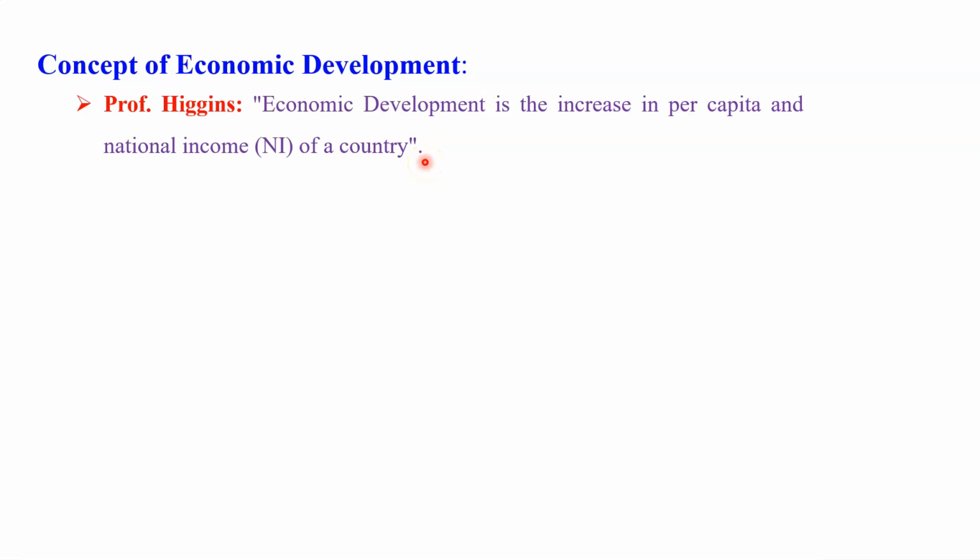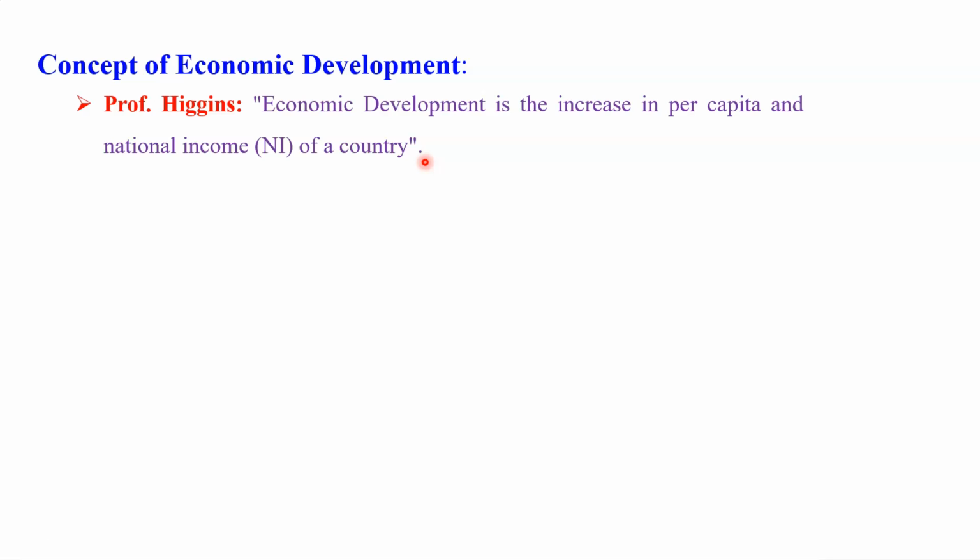That is very important, because when we measure economic development, the major criteria or important factors we use are per capita income and, second, national income.